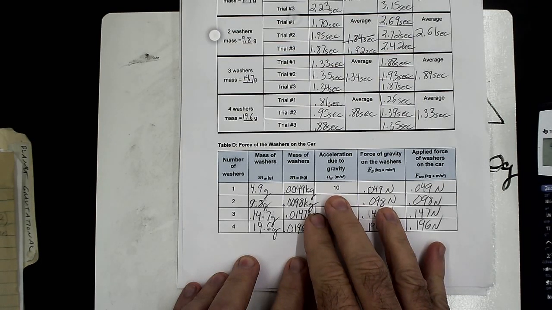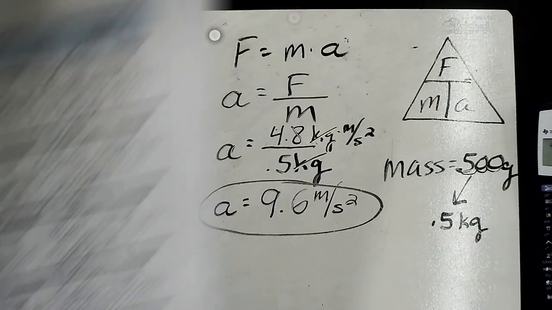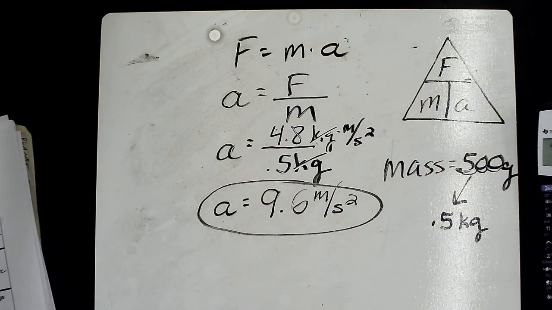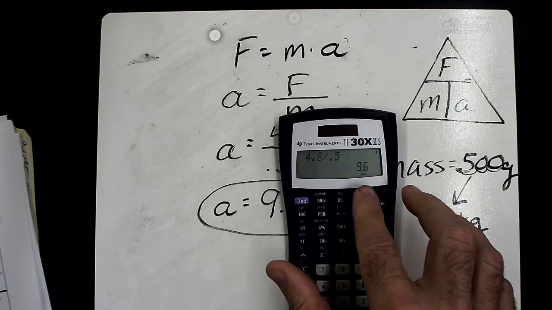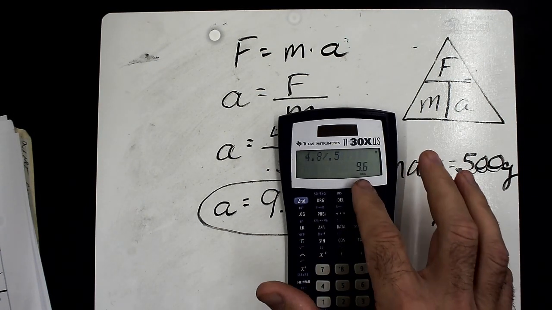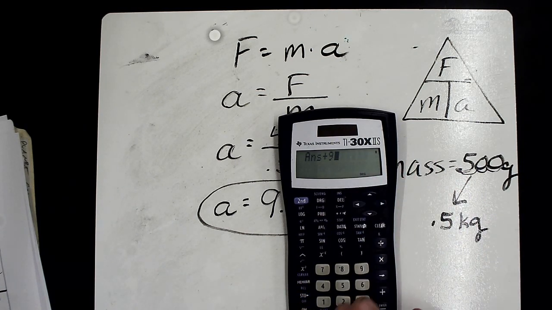After 2 seconds, it'd be going 20 meters per second. After 3 seconds, it'd be going 30 meters per second. And that's what this number means. So for this one, if I was to drop this out of a plane, after 1 second it'd be going 9.6 meters per second, and then plus 9.6.